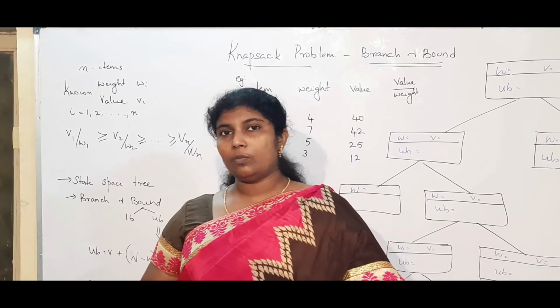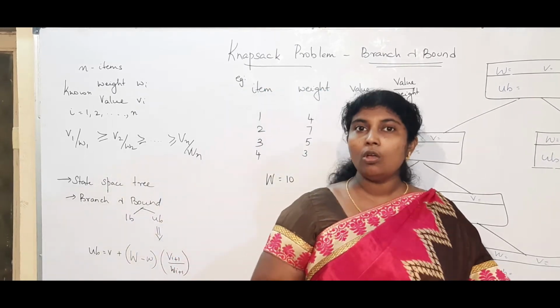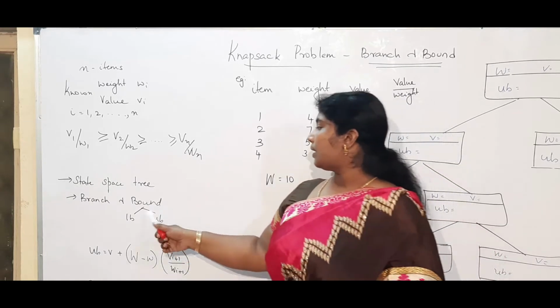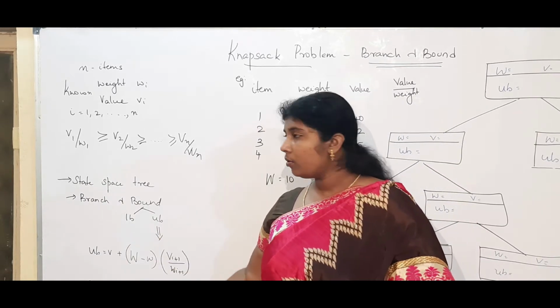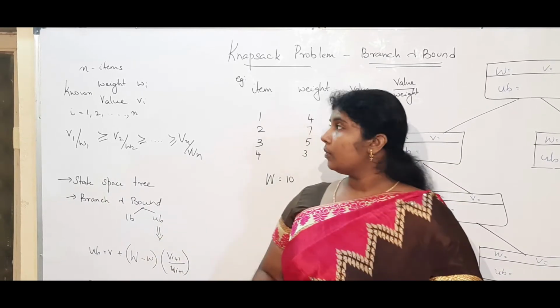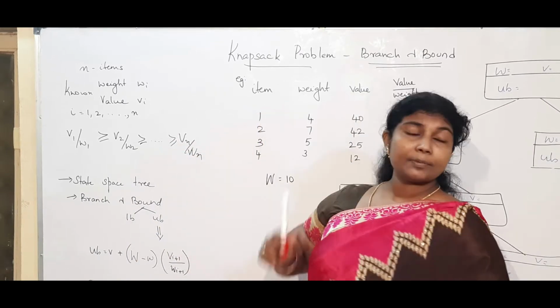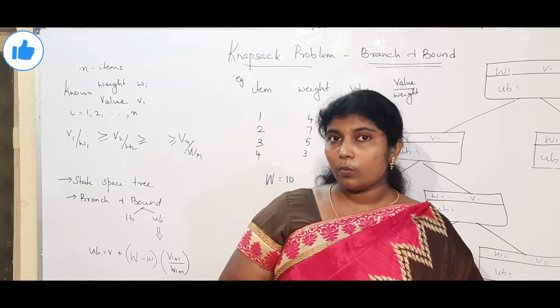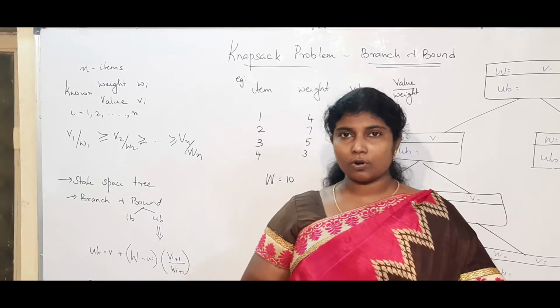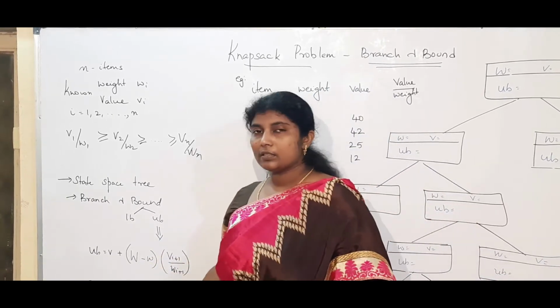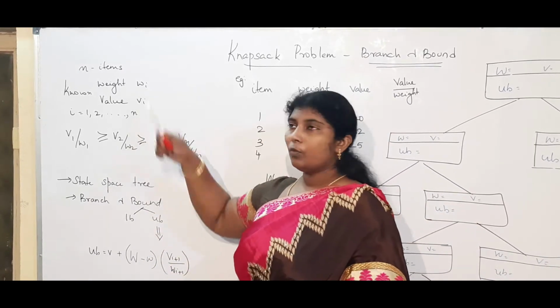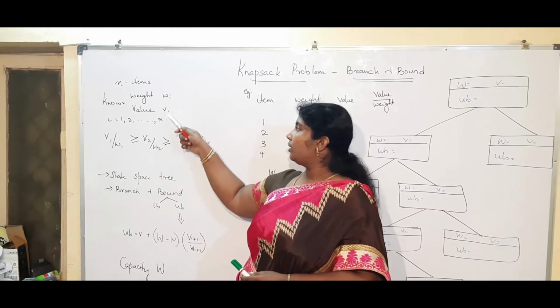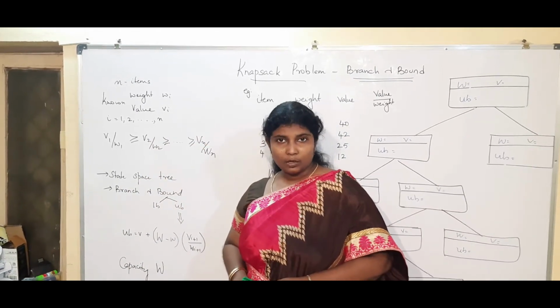Depending on the condition, whether it is minimum or maximum, we decide whether it is going to be the lower bound or the upper bound. In the knapsack problem, we get the maximum profit to fill the capacity W with the available items, given their weights and values.